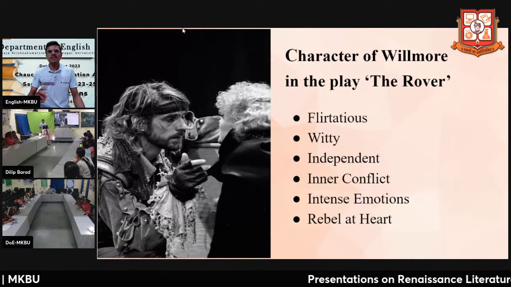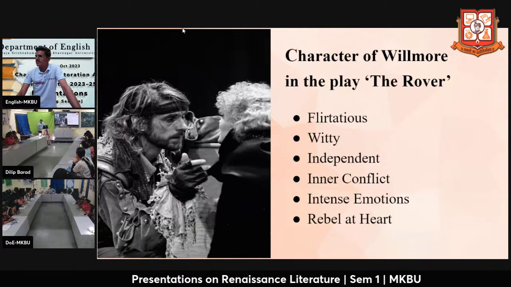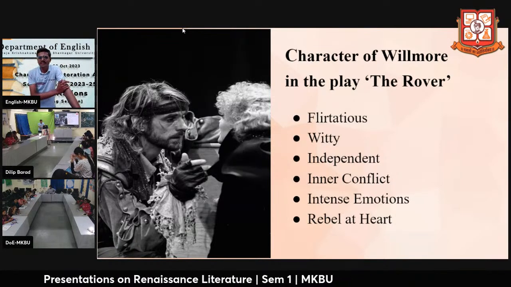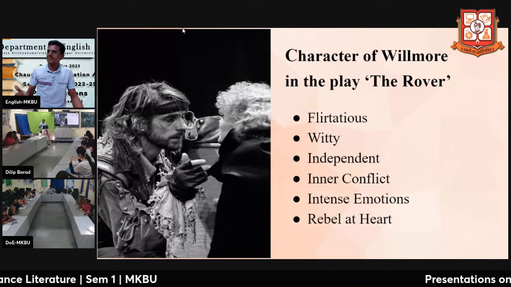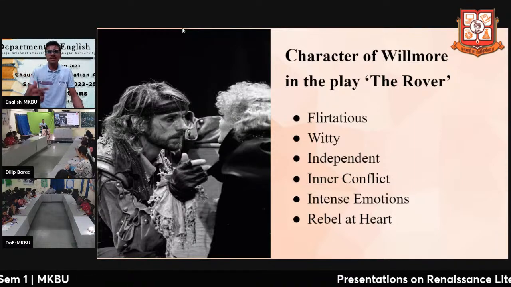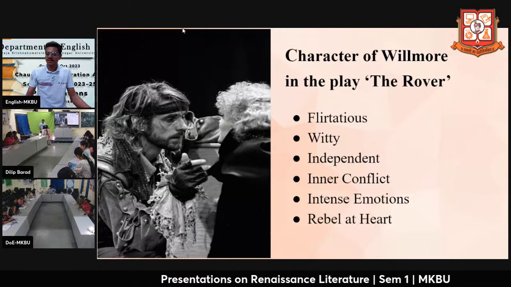He is interested in both, and he flirts with them. Even though Angelica is a prostitute, he starts fighting at first, and then he tries to convince her to be with him.